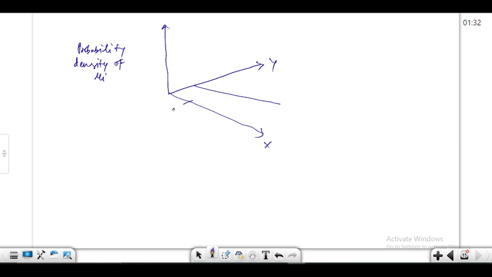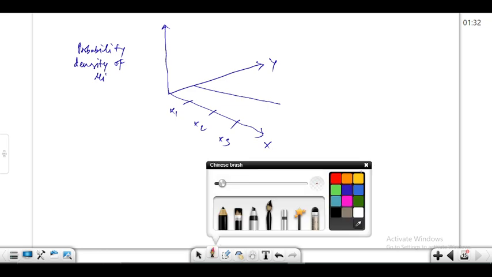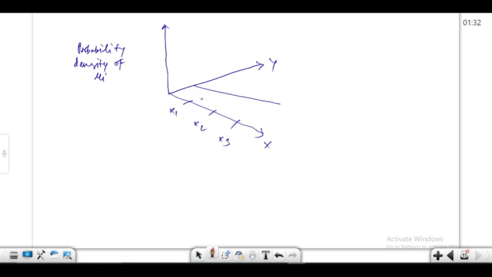For corresponding x1, x2, x3 values, the variance of the ui, or the error term, so this peak or this spread, is basically the same. So this bell-shaped curve is the same for all the values of xi.